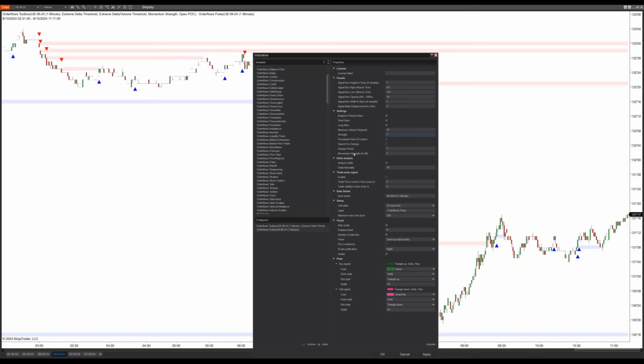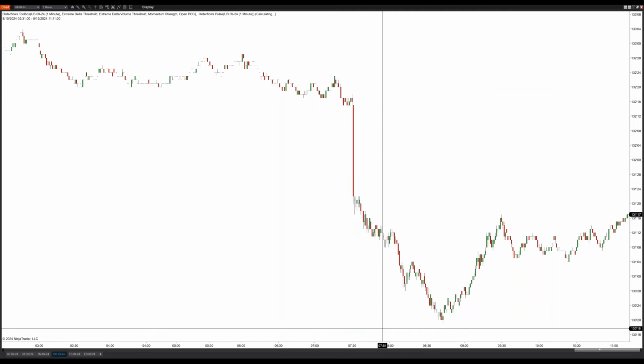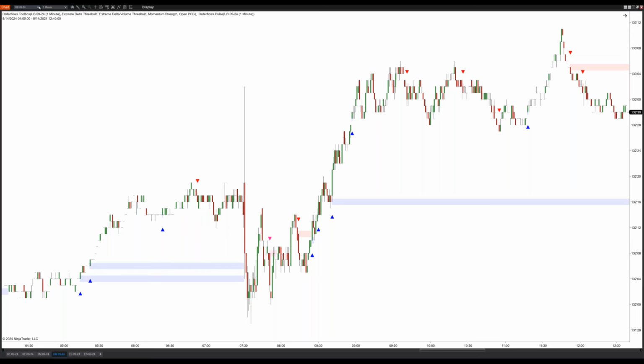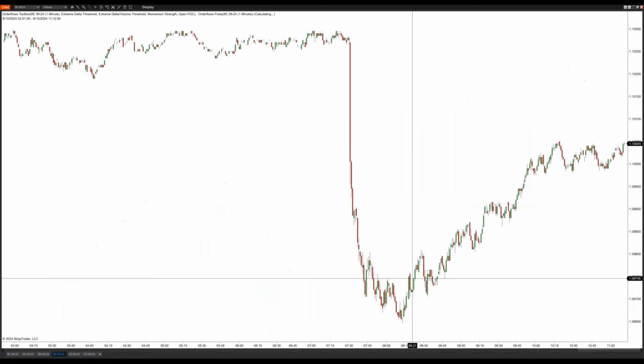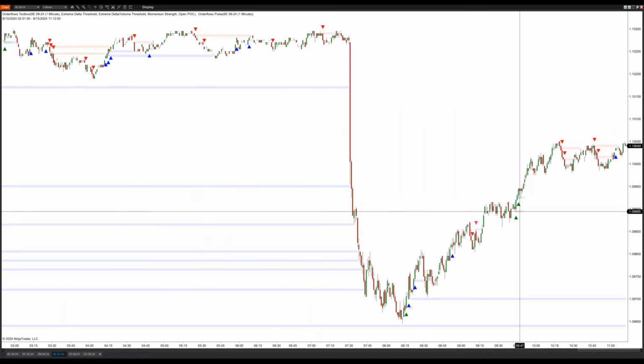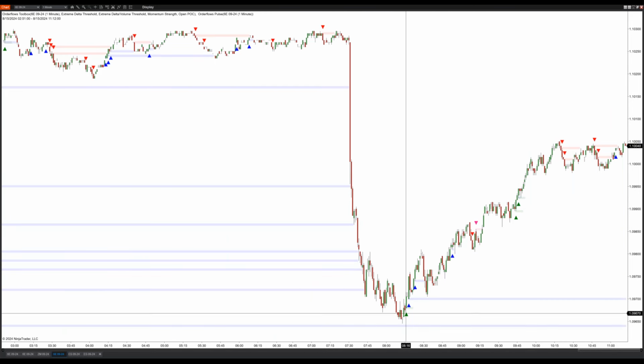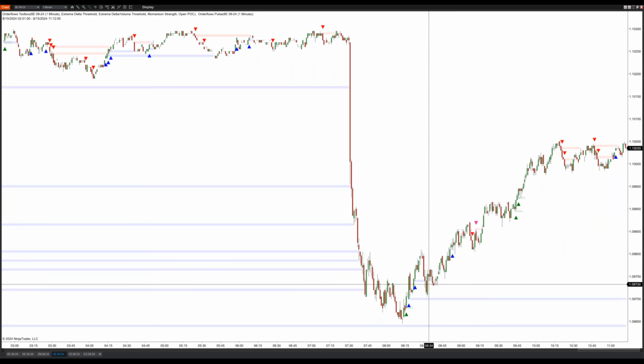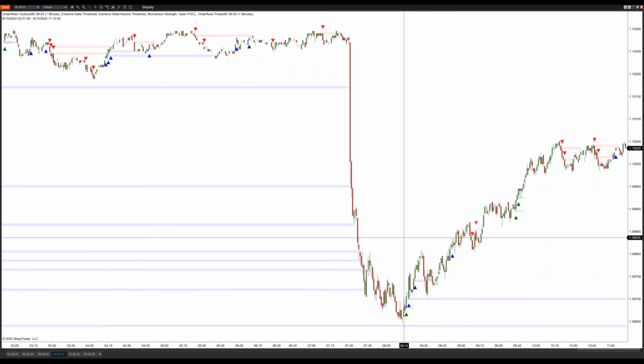And delta. I'll take off long bars. Let me try a different market here. Okay, so here are pulse signals, here, here, the one right here, the green, the magenta. So yeah, you could use it in combination, but you can't combine the pulse with the toolbox, but you can use them both on the same chart.